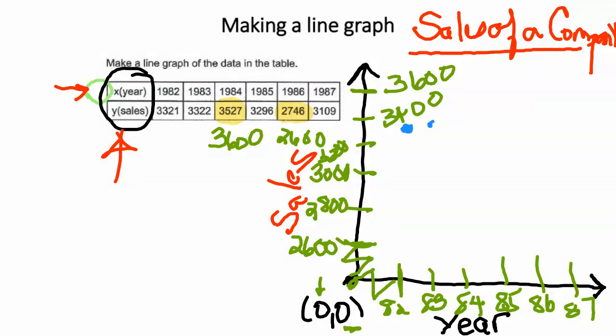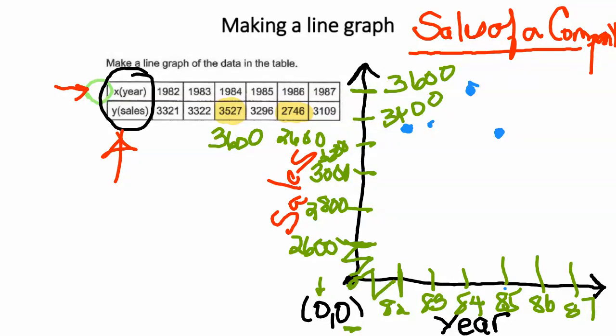Now, 3527 is going to be a little bit higher, almost 3,600. Then I have 3296. Now, 3296 is right about, in this case, I'm going 85, and I'm going right here. It's a little bit higher than 32, but not as high as 34.